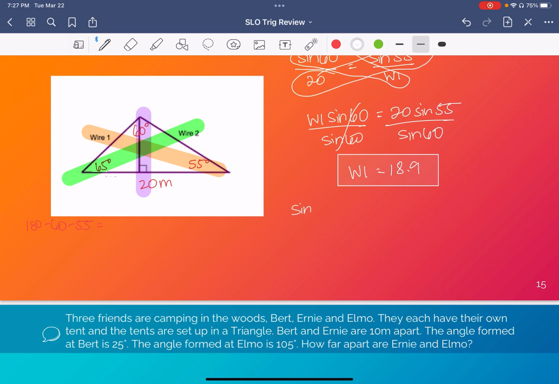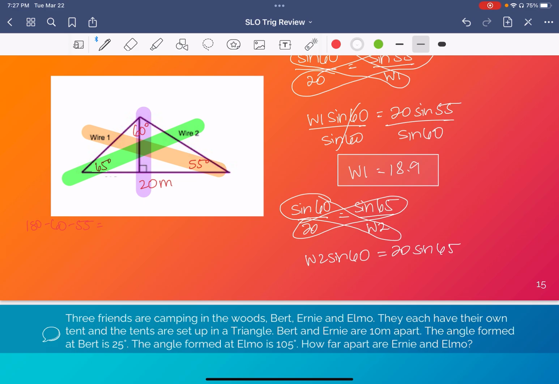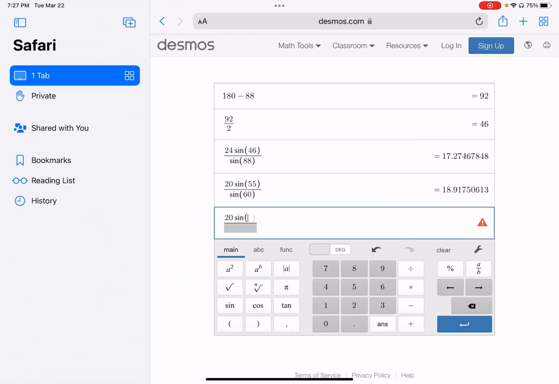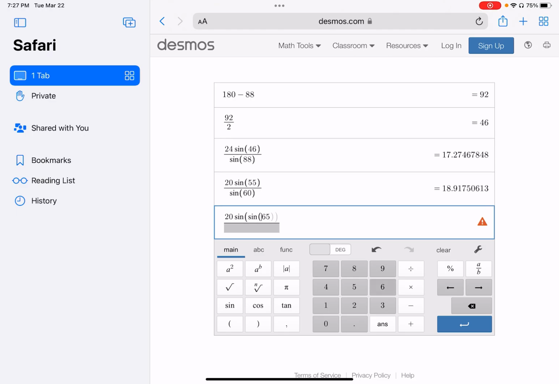I'm going to use the same one from before, the 60 and 20 for the first fraction, and then the other one will be the new one in green. So we have wire 2 times sine of 60, 20 times sine of 65, divide out sine of 60. So 20 sine of 65 over sine of 60.